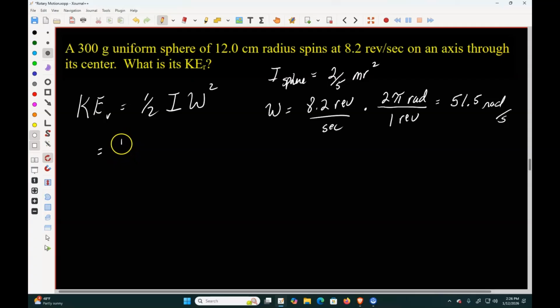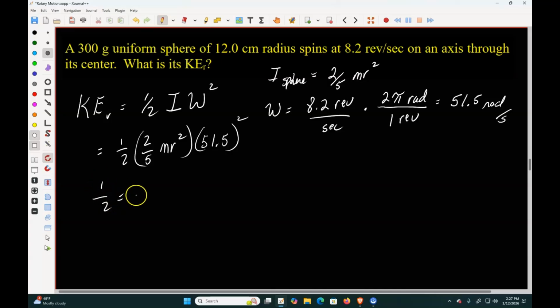So we will say 1/2 I, which is 2/5 mr squared, times omega squared. And so our omega will be 51.5. It is squared because it's squared in the formula. This will be 1/2 times 2/5.